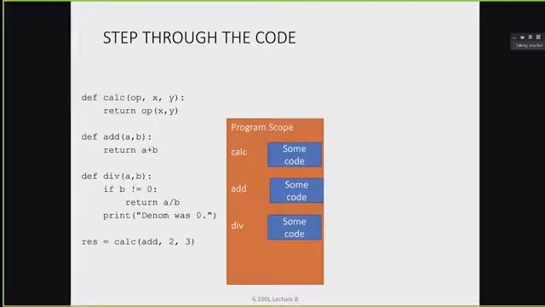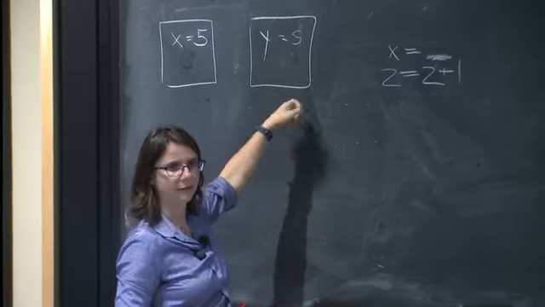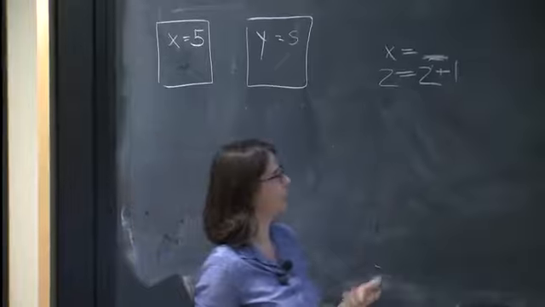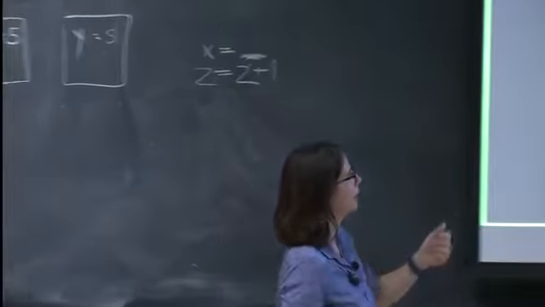And then we get to the good stuff. res equals the function call. So res is going to be a variable that's going to have a value. What value? We need to figure that out. Calc is a function call. Every time we have a function call, we need to create a new environment. So now we are creating our calc environment.